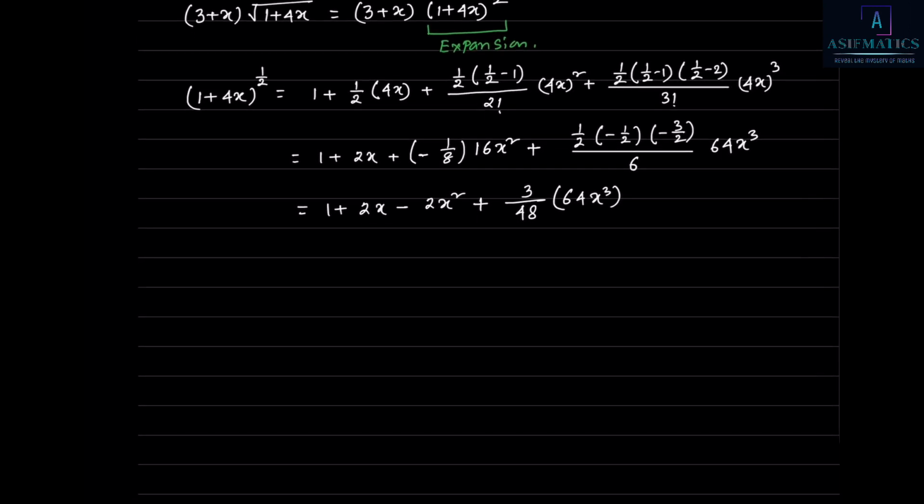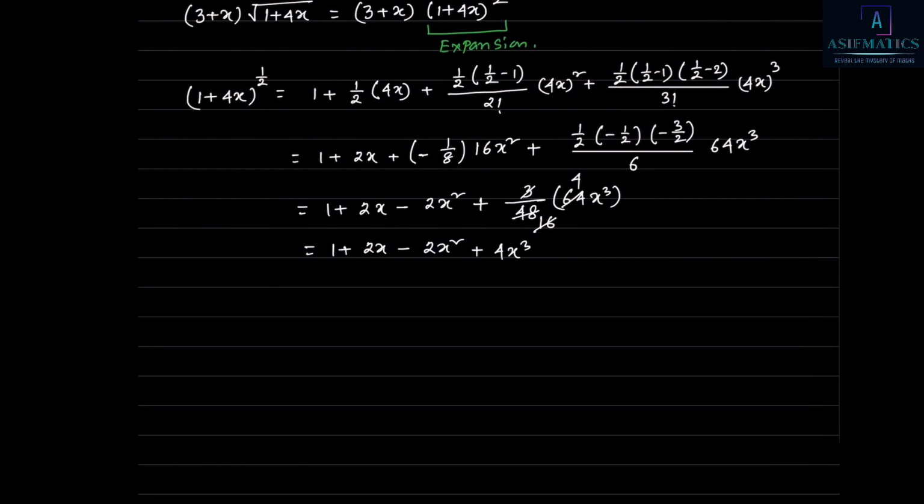So finally this will come as 1 plus 2x minus 2x square, and if we calculate this one, 3 times 16 is 48, and 64 is 4, so we can write plus 4x cube.